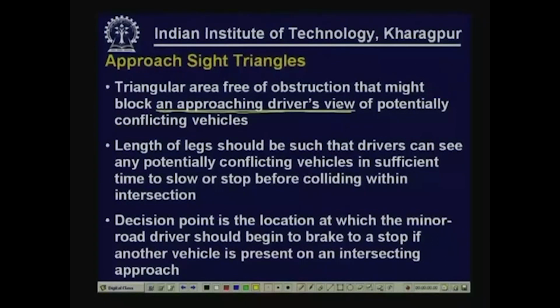That means, it is the point from which the vehicle, if it finds another conflicting vehicle, should be able to stop at a safe distance without colliding with another vehicle within the intersection area.